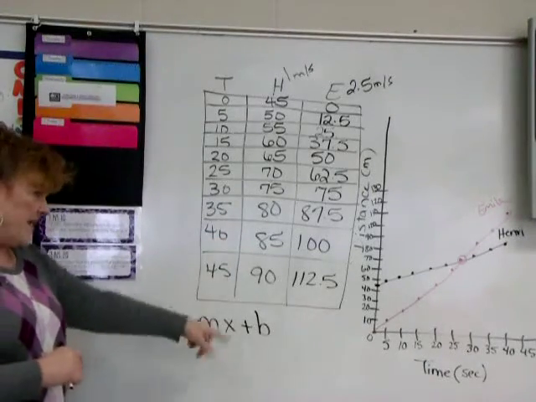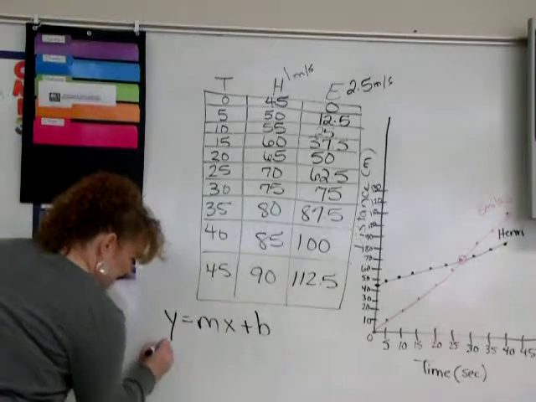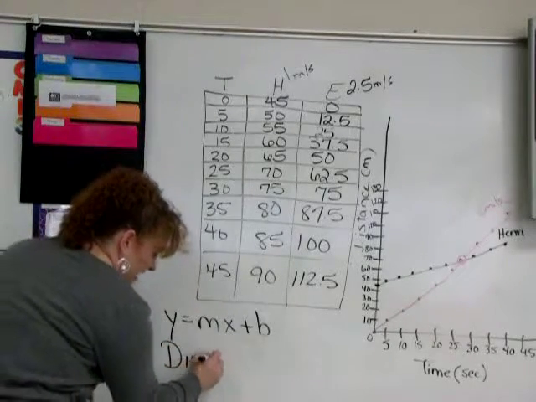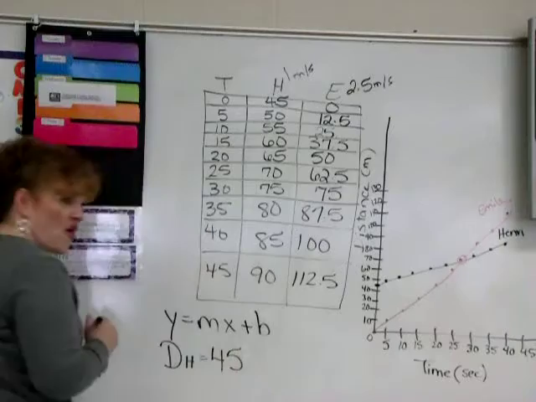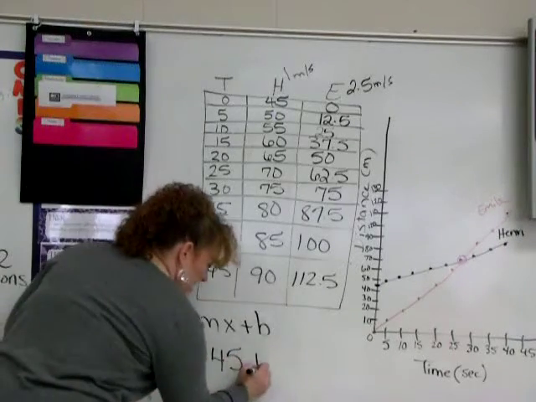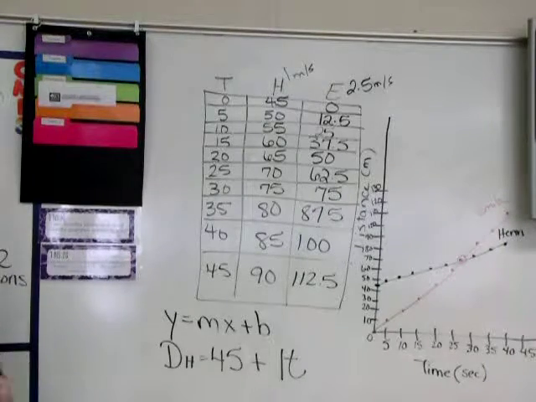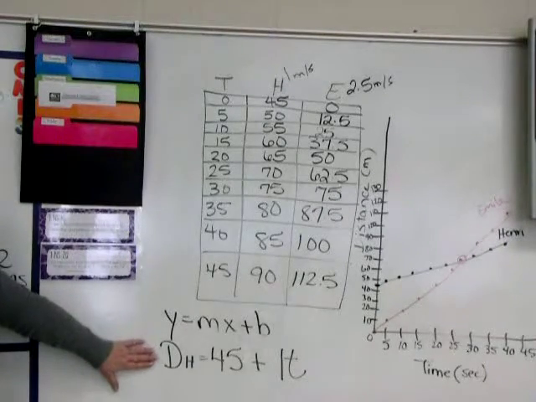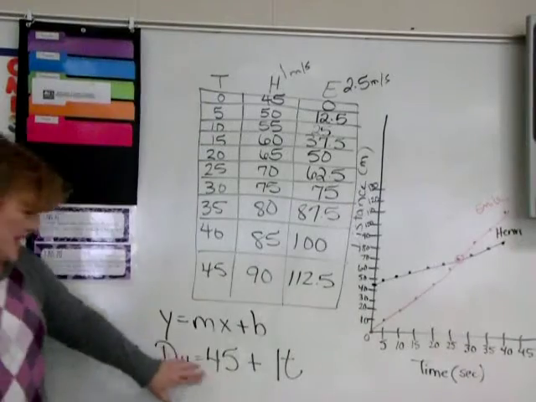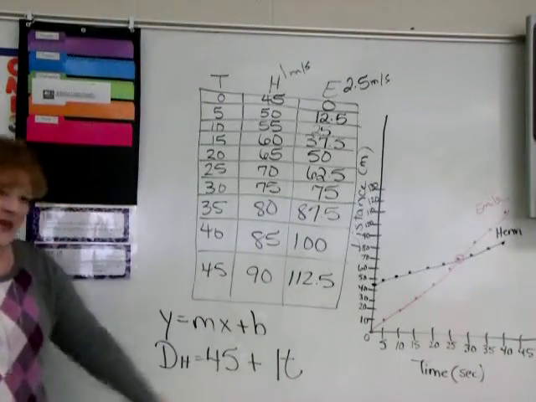He's got a B. His distance is 45 where he started, plus 1 meter for every second. So he really does have his in the form of y equal to mx plus b.